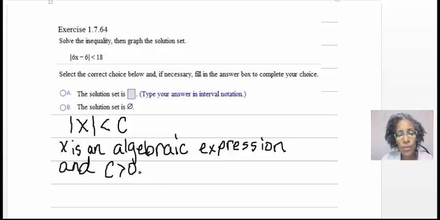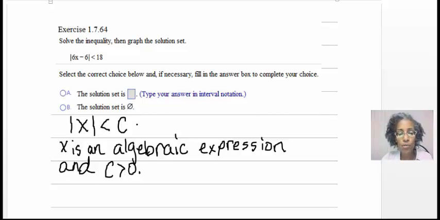So those are the things that are true about x and c. x can be merely an x, or it could be any more complicated algebraic expression. And c is positive. To say c is positive is to say it's bigger than 0.